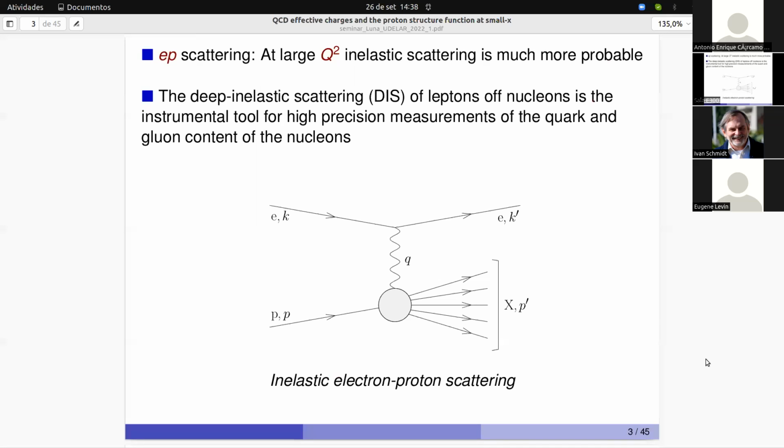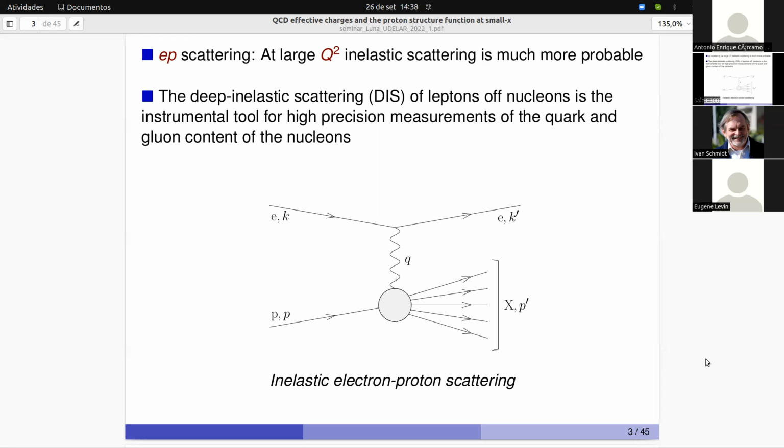High precision measurements of the quark and gluon content of the nucleon. And here is a very well-known diagram of deep inelastic scattering. We have an electron, for example, a lepton in general, and a photon is transmitted, and this photon hits the proton.